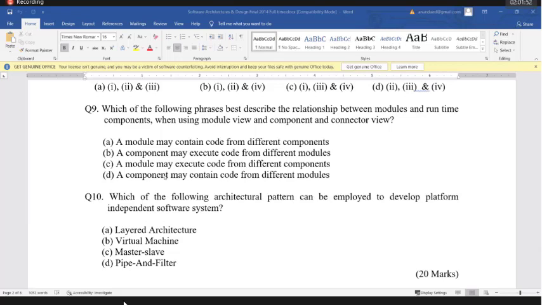Module represents the programs, the software elements that you are building. Those are the things that you want to execute. Those represent the modules.